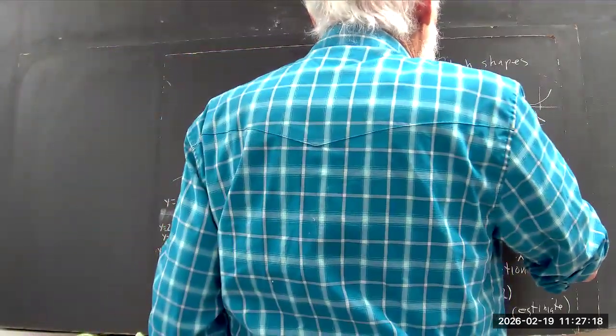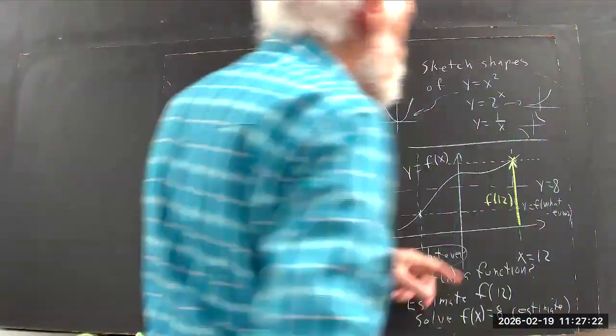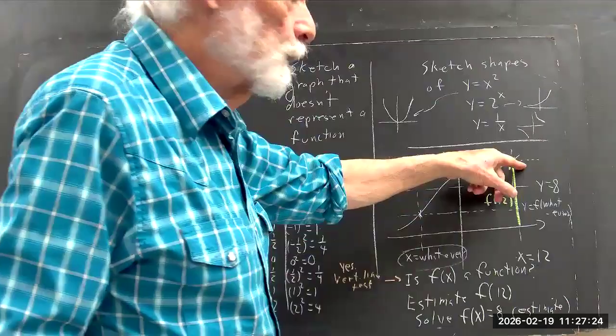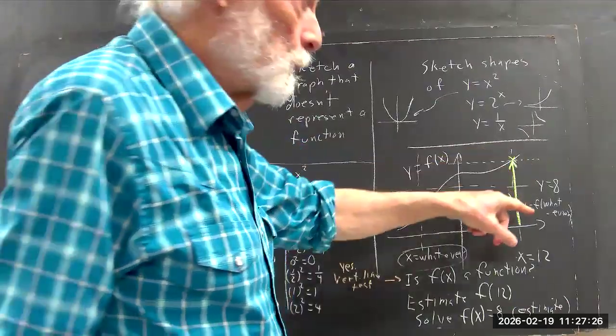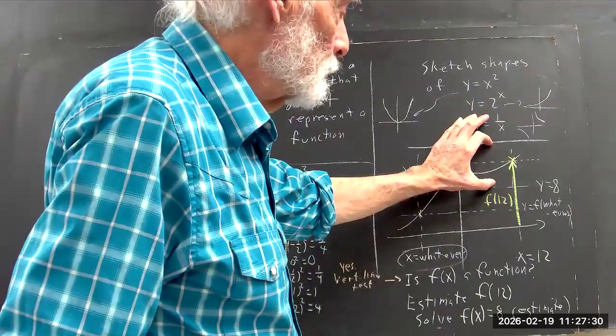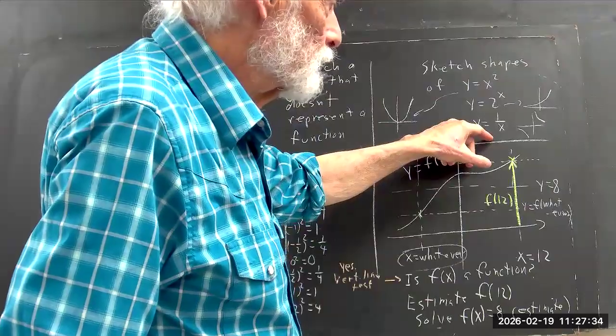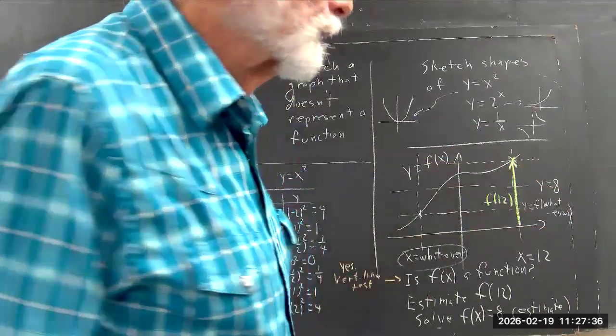Well, another way we can find f of 12 is to do a horizontal line here. If this is y equals 8, what's this? Well, if this is y equals 8, y equals 16 would be up here. So this line's between y equals 8 and y equals 16, probably a little closer to 16.